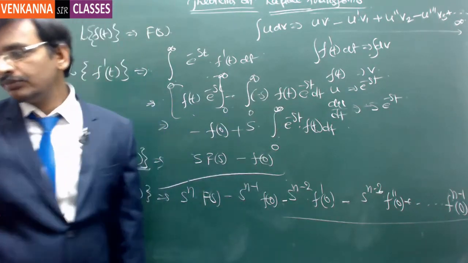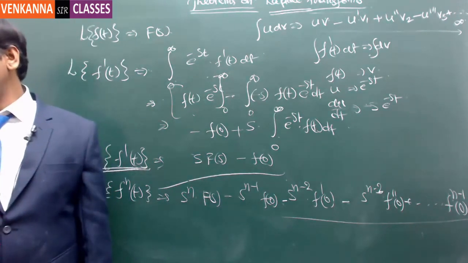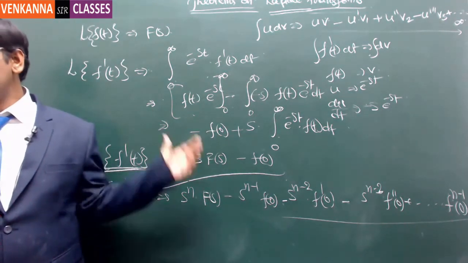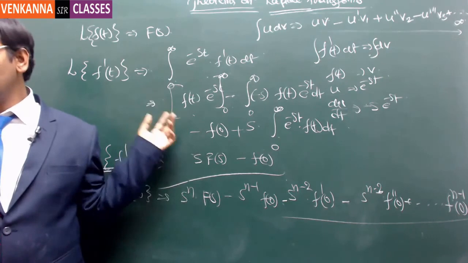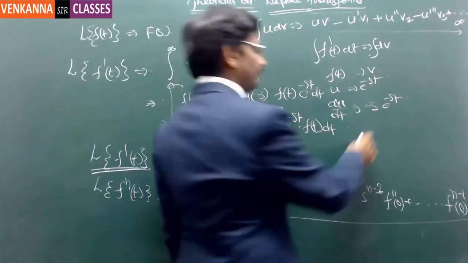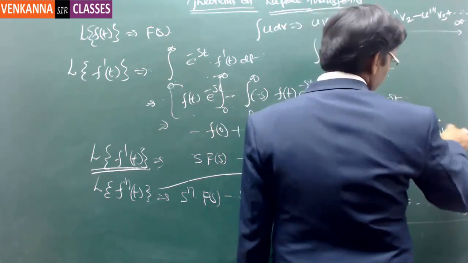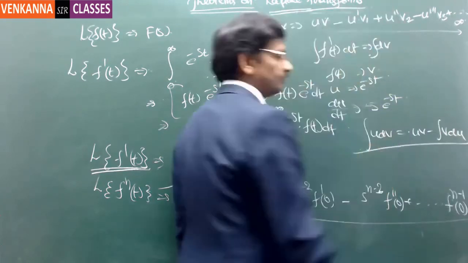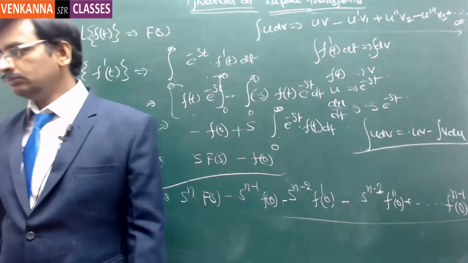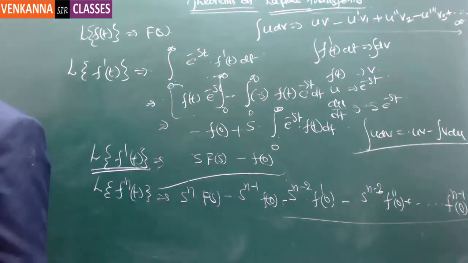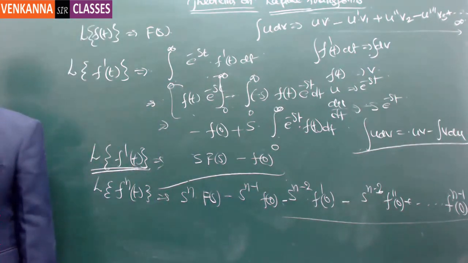Right? Hope you people are aware of what is by parts. Yesterday I explained the UV formula. So integral u dv is equal to uv minus integral v du. This is called by parts. Clear? Any questions on this?